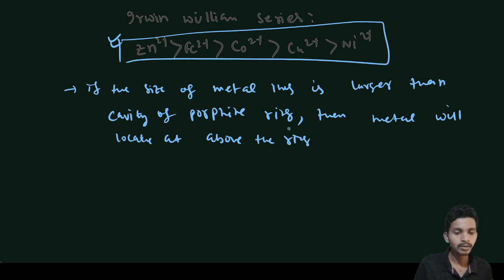That will not go inside the ring if the size of the metal is larger than the cavity of the porphine ring.